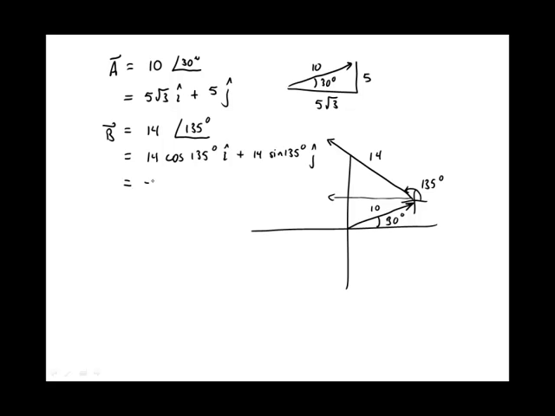So this is equal to negative 14 radical 2 over 2 in the i hat direction, plus 14 radical 2 over 2, because the sine of 135 is positive, the sine is positive in the second quadrant, cosine is negative in the second quadrant, in the j hat direction. And so I'm going to get minus 7 radical 2 in the i hat direction, plus 7 radical 2 in the j hat direction.